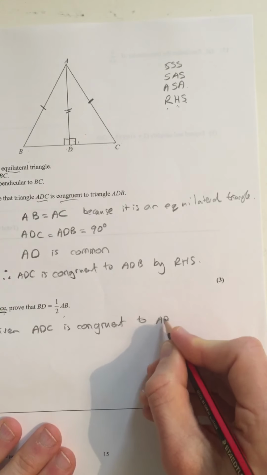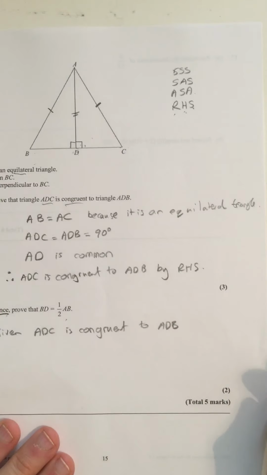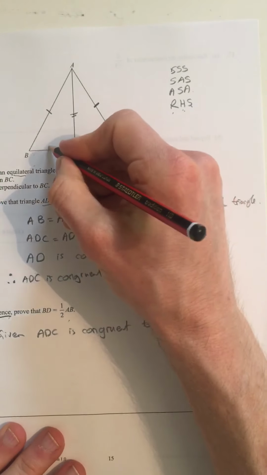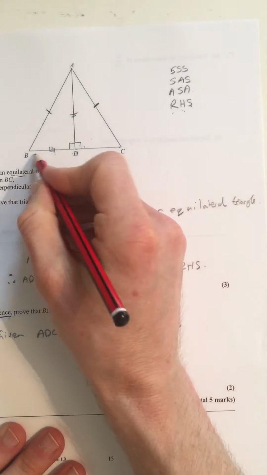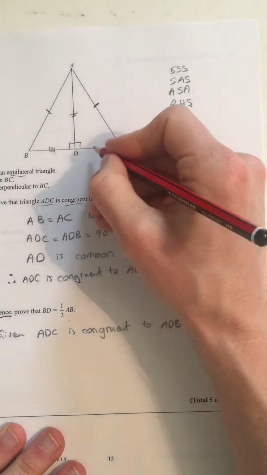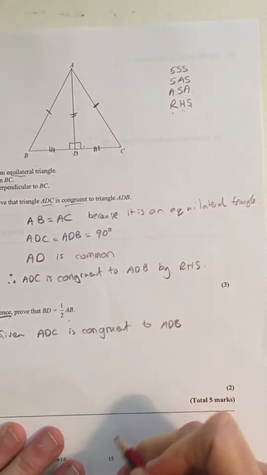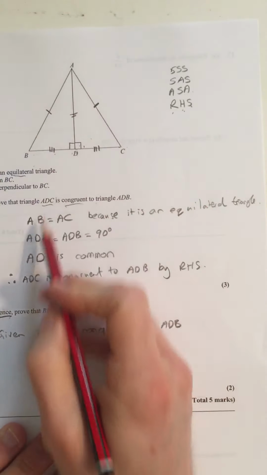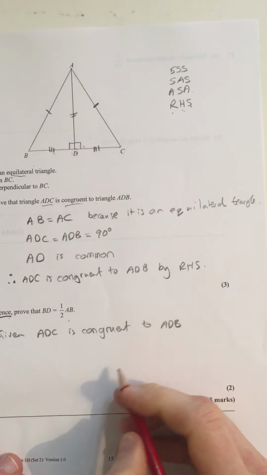to ADB, so they are identical, that means that BD, this side here, I'll mark that with 3 little lines, the side BD is equal to the side DC. If this triangle is identical to this triangle, then those 2 lengths there are identical.